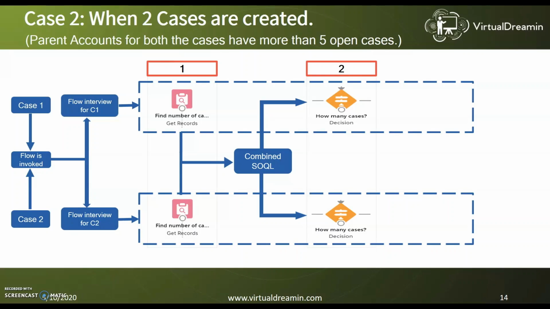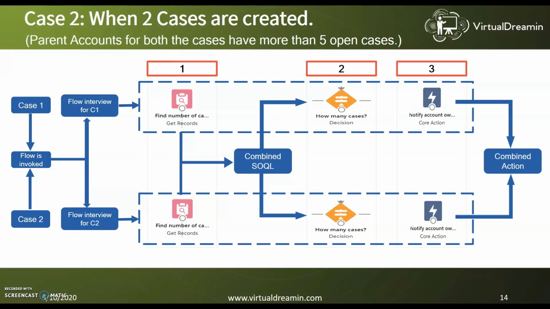Moving forward, we have the decision element. Since it's not bulkifiable, it's going to run separately in both interviews. Then the next step is that we are going to send an email to the account owner. Again, this is a bulkifiable element. So we are going to send those emails as a combined action.